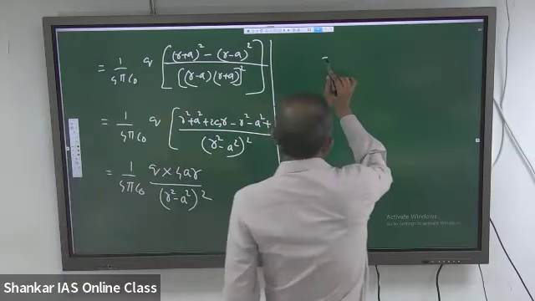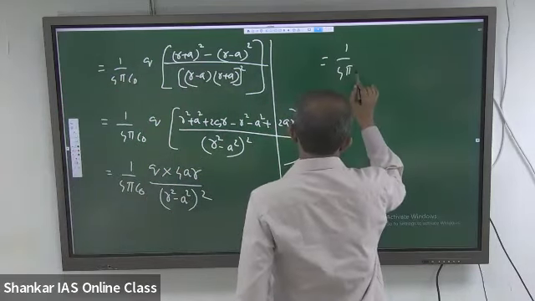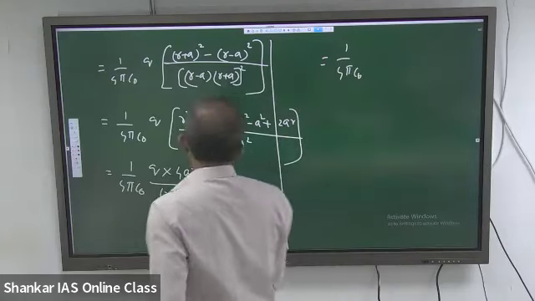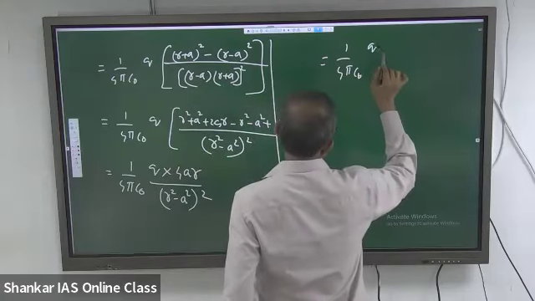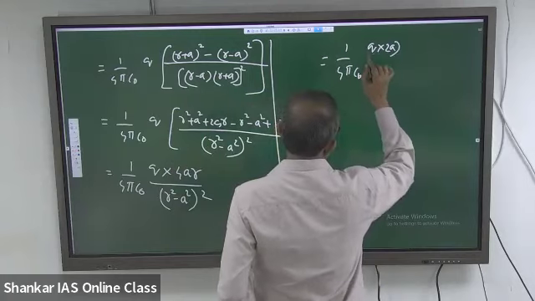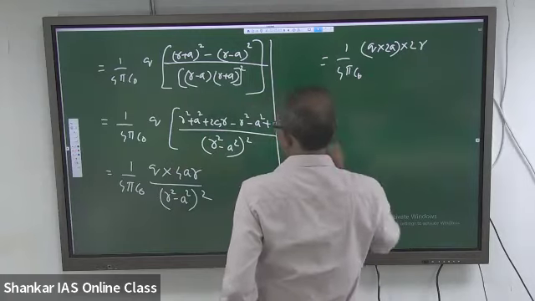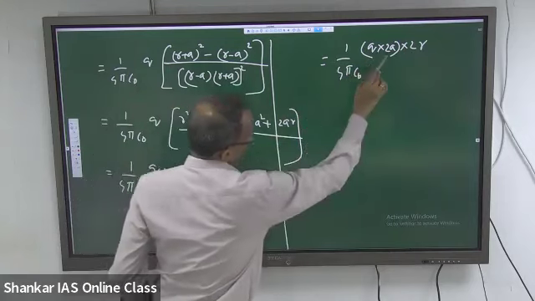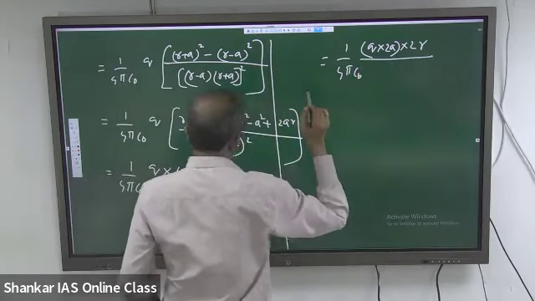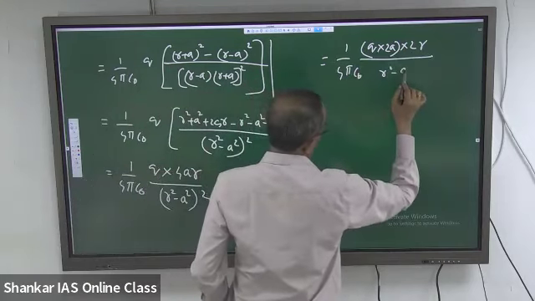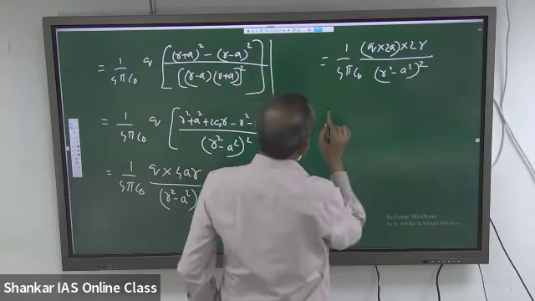This 4AR I am splitting as 2A into 2R, divided by R squared minus A squared the whole squared.